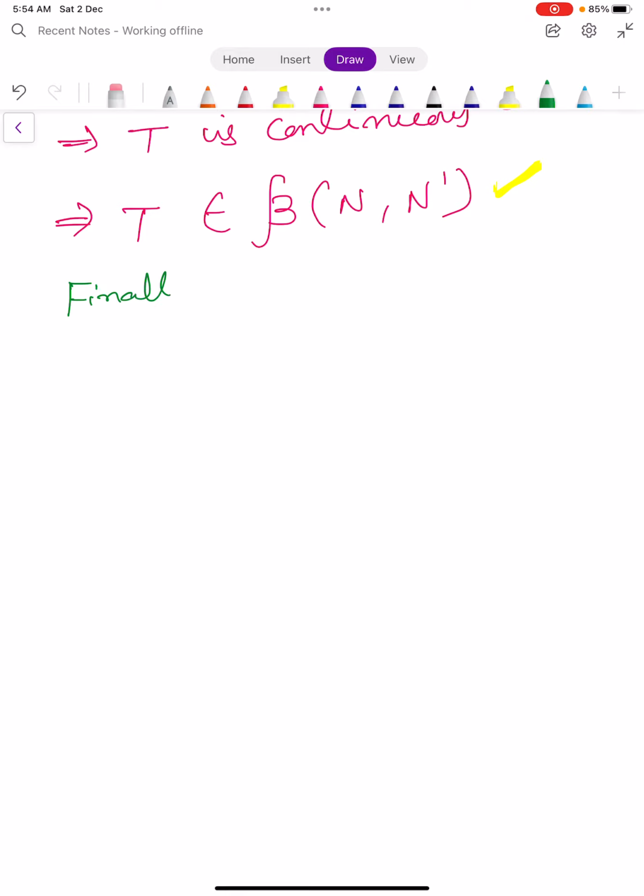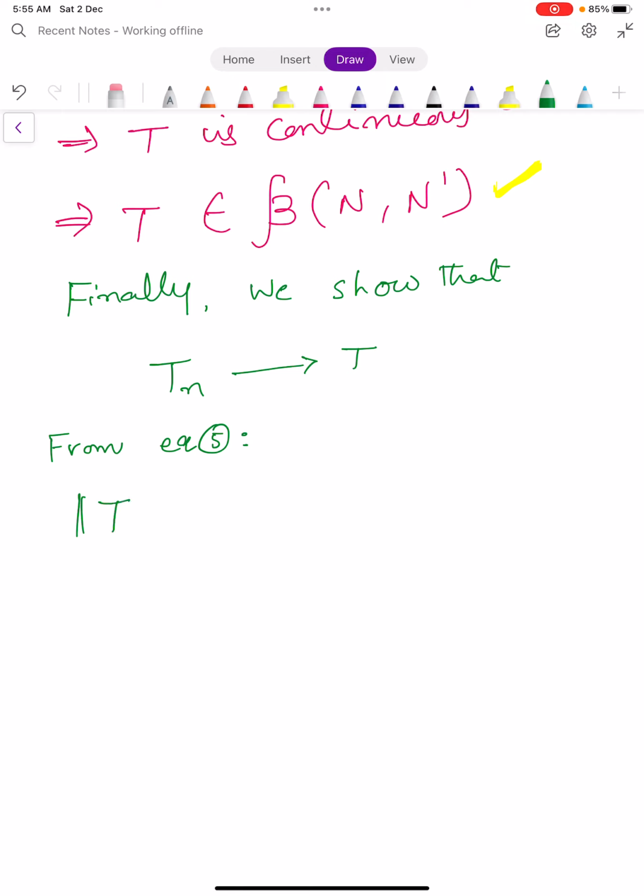And finally, we show that the sequence Tn converges to T. From equation number 5, already we have norm Tm of x minus Tn of x is less than epsilon for all n comma m greater than or equal to a positive integer n naught.